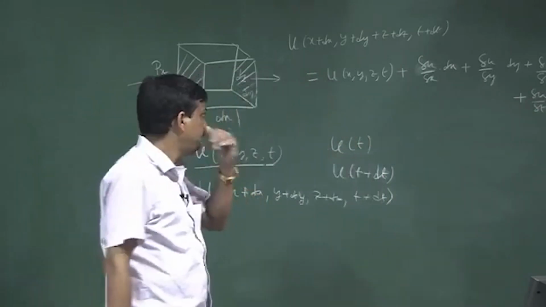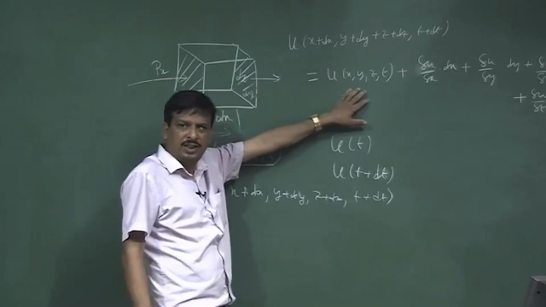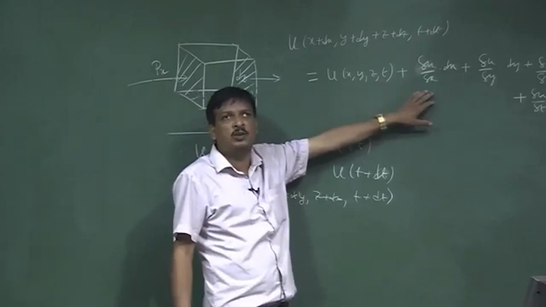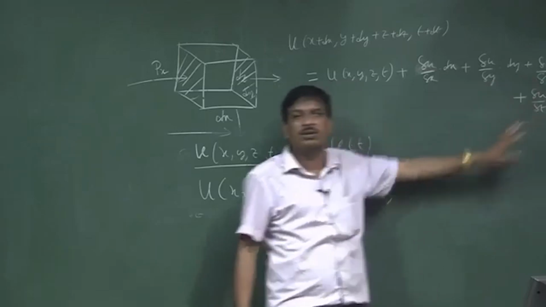So: initial velocity plus the change of velocity due to x direction, y direction, z direction and time.